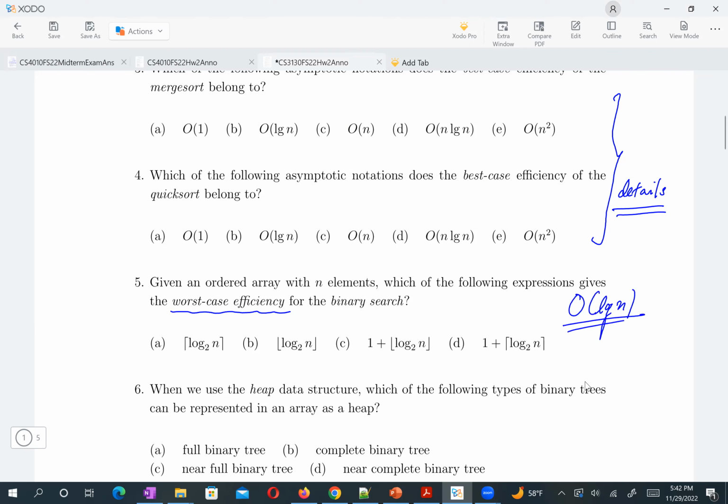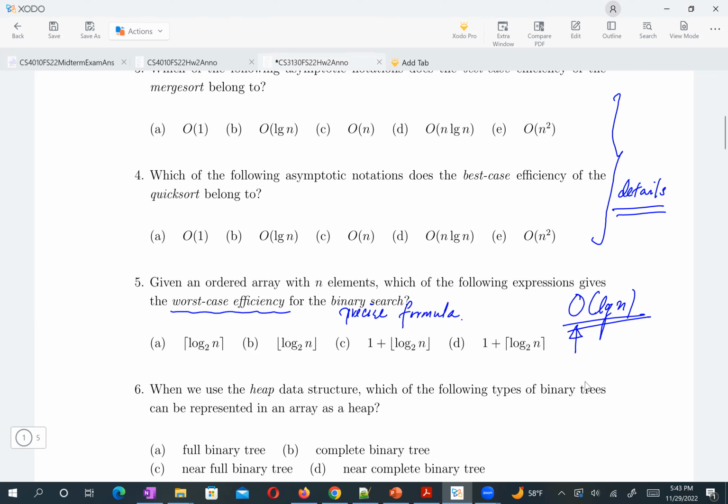But this formula, when you have this big O notation, is not very accurate, right? Big O is not an accurate or precise formula. So that's the asymptotic, the approximate formula. So this question, I ask you for the precise formula.